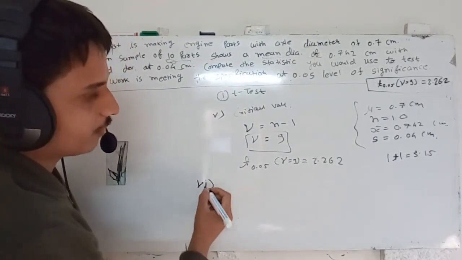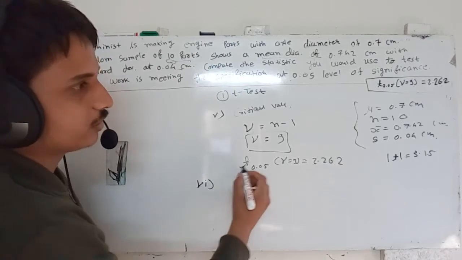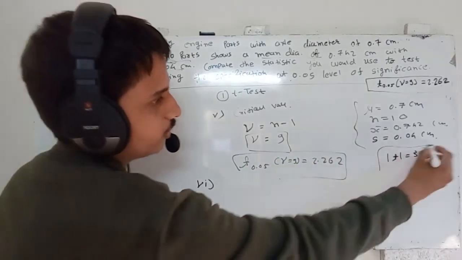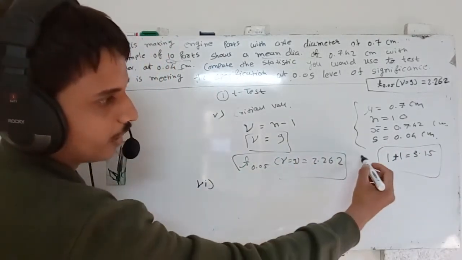Now we will finally write our final step. It is sixth step. So in this step we will compare these two t values, this value and this value. This value we have calculated.